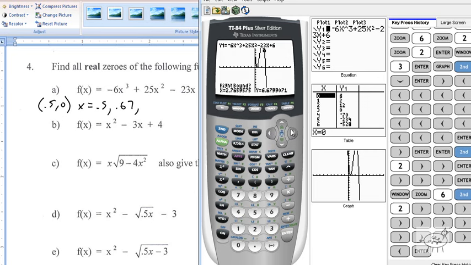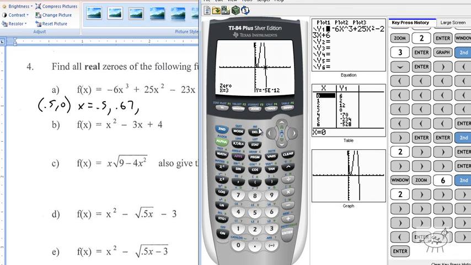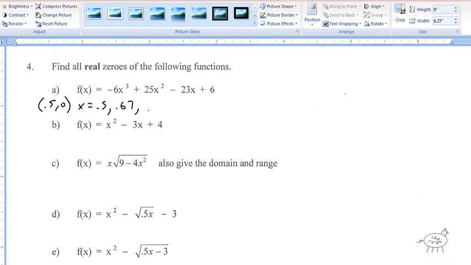That's the left bound and the right bound, and enter and 3. Now look at this, math fans. It says x equals 3 and y equals negative 5 e to the negative 12. Okay, what you need to understand is that y negative 5 e to the negative 12 is really 0. Okay, because it's negative 5 times 10 to the negative 12, which is negative 0.000 and a whole bunch of zeros and a 5. Alright, so that truly is 0. It's just the calculator rounding. So that's our other answer, is 3. Okay, it's not too bad.